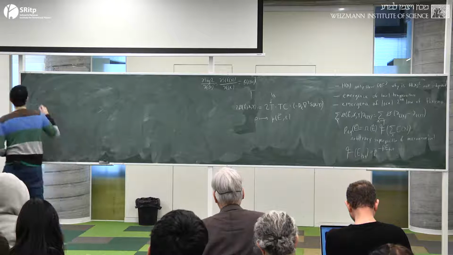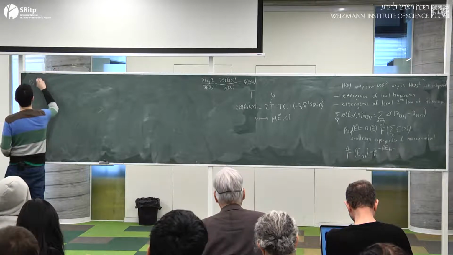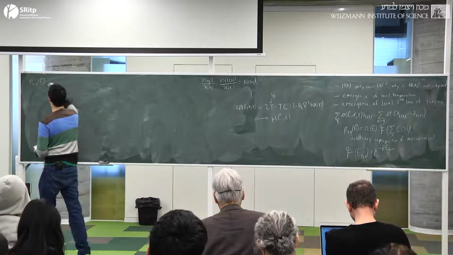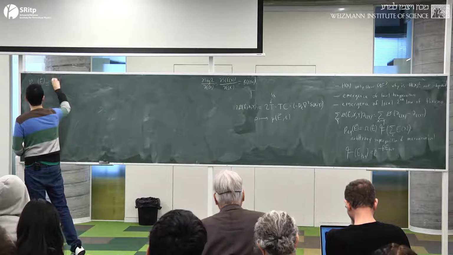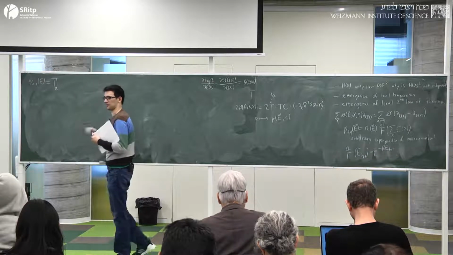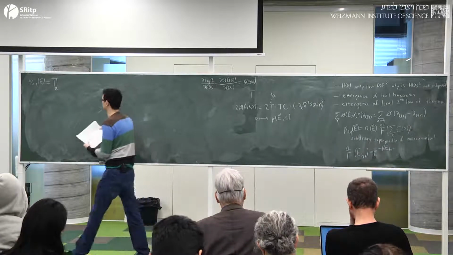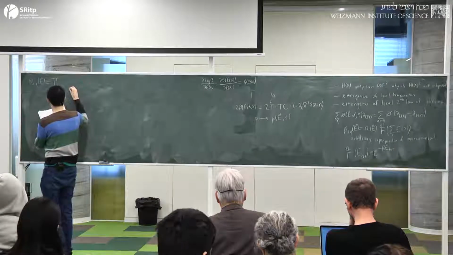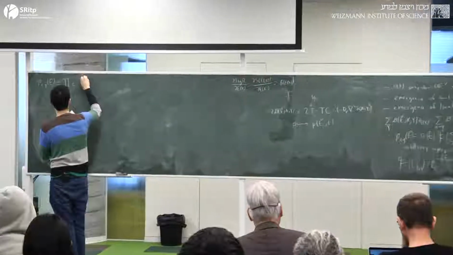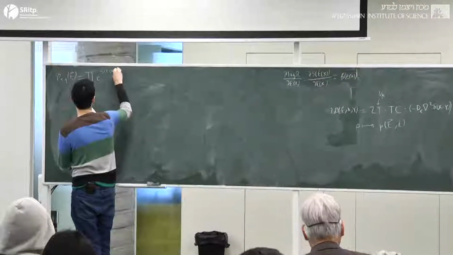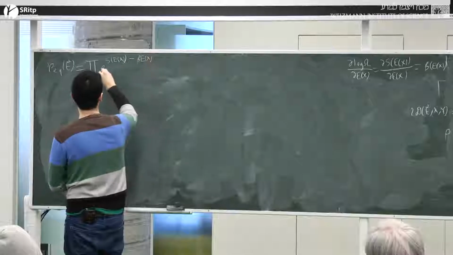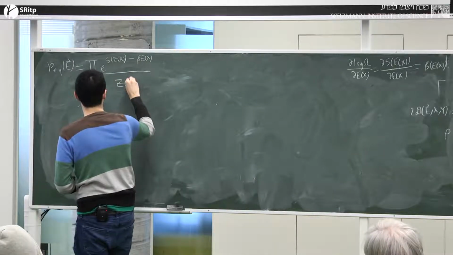So first, let's just talk a little bit more about what our equilibrium distribution looks like. Using that the density of states omega is just a product of e to the s in each region, we can rewrite our equilibrium distribution as a separable product of the local entropy in each region times beta of E of x, and then divide by some partition function.